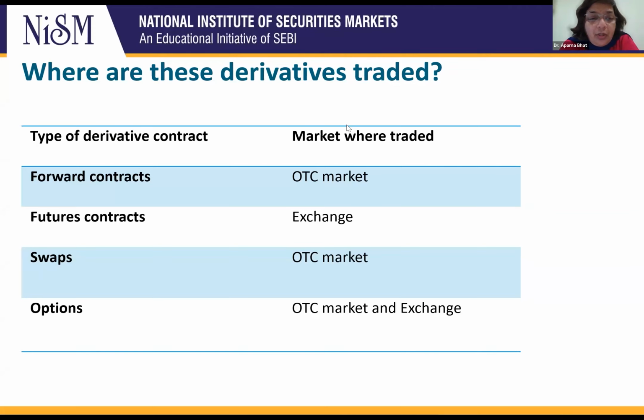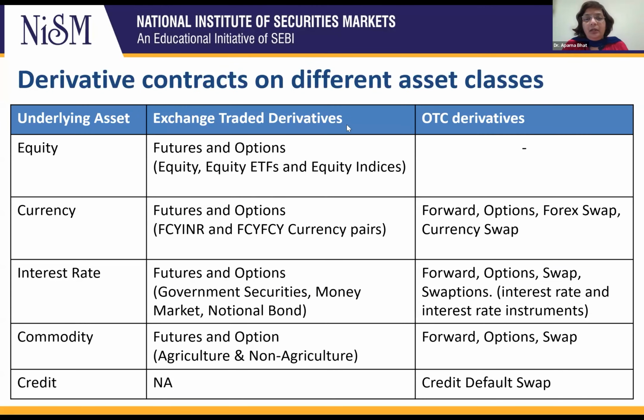So depending on what kind of contract it is, it is traded either in OTC or on the exchange. Again, we said earlier that derivatives are available on different asset classes, right? I said that they are available on metals, on agri-commodities, on financial assets like equities, currencies, bonds. So depending on the underlying asset, the derivative could be either exchange traded or OTC.